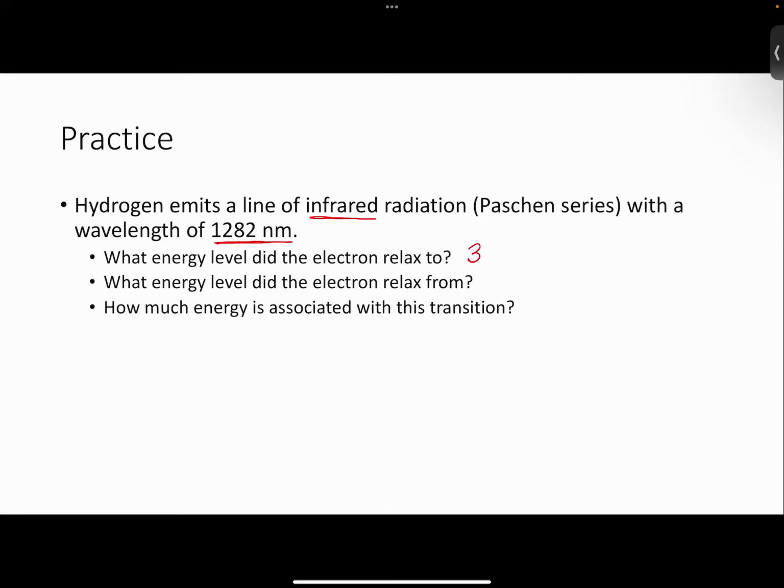What energy level did the electron relax from? Well, that's where we use 1 over the wavelength, 1 over 1282 nanometers, equals 1.097 times 10 to the minus 2 per nanometer, times 1 over n sub f squared, in this case 3 squared, minus 1 over n sub i squared.